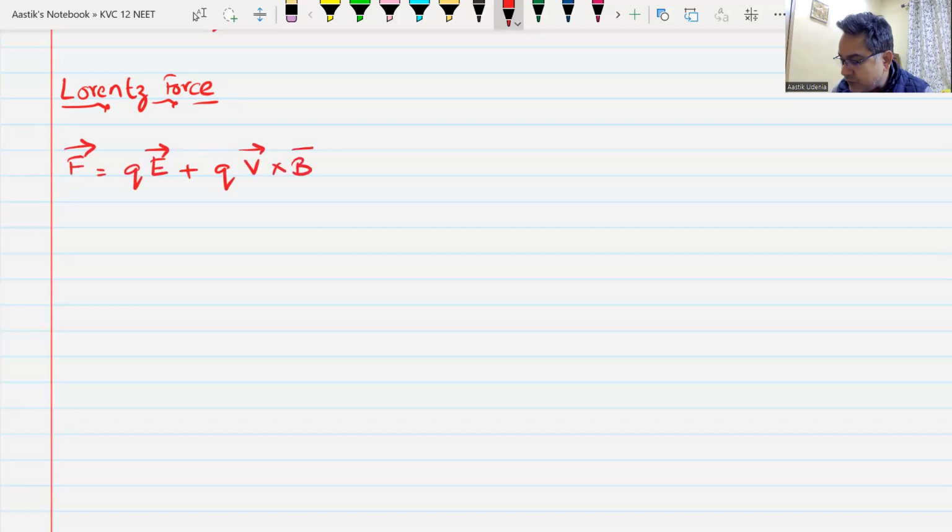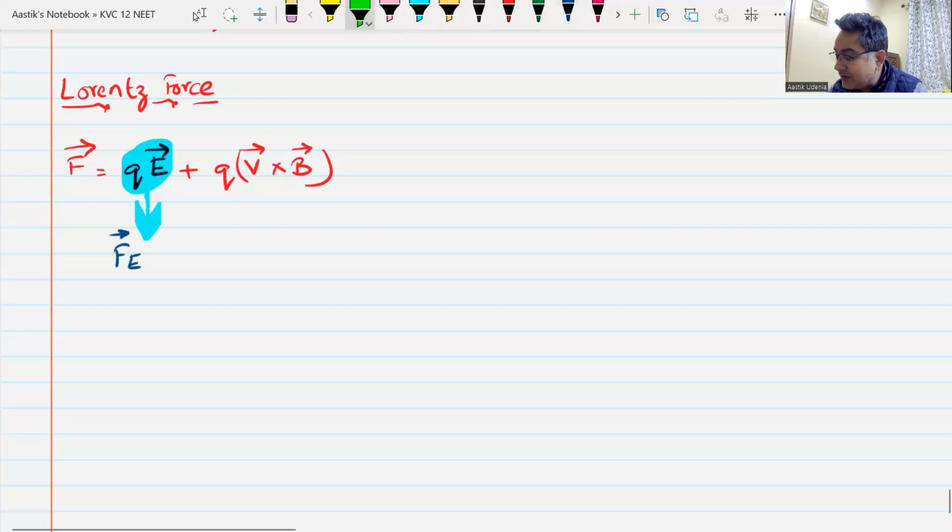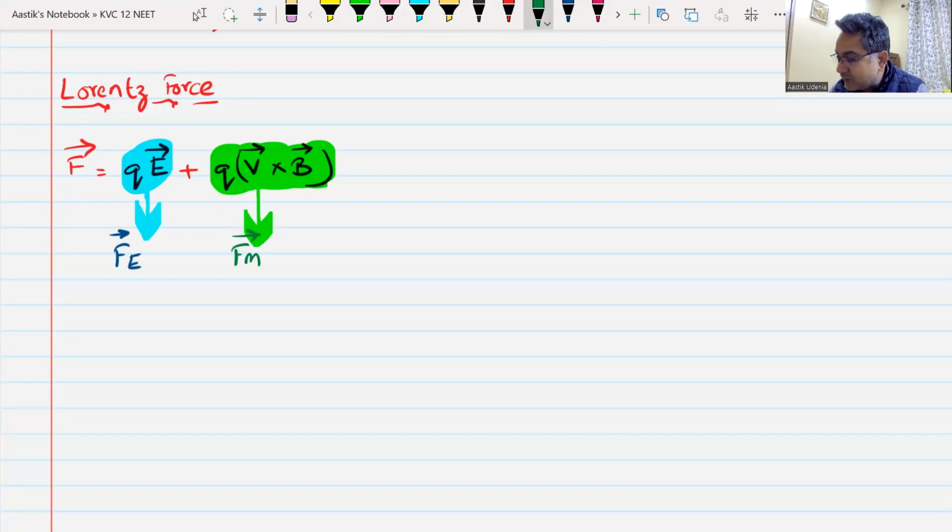So what do you do? You find out the electric force. This blue one is the electric force, F electric, and this green one is the magnetic force due to the magnetic field. You add these two forces vectorially and you get the net force acting on the particle.